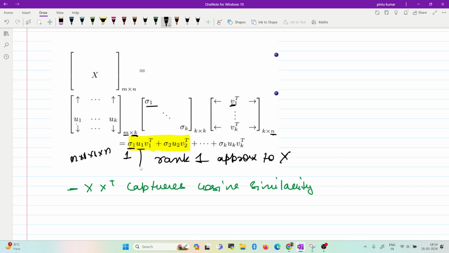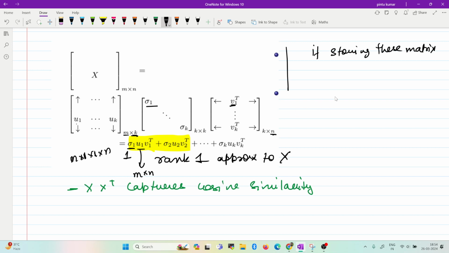So the size of this matrix is again m cross n. So the size of your matrix does not change, but the rank of your vectors has reduced if you use SVD decomposition. The only advantage that you would get is that if you are storing these matrices, you can store them with a lesser number of entries as compared to earlier.